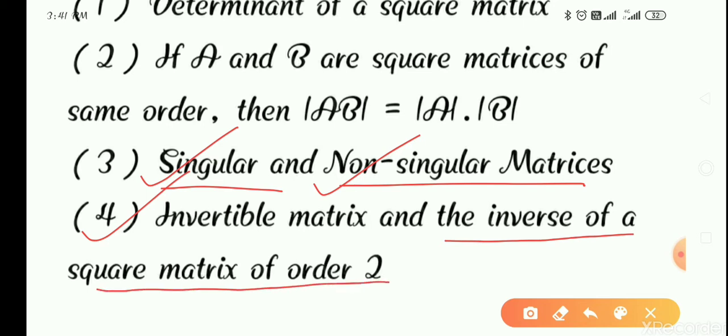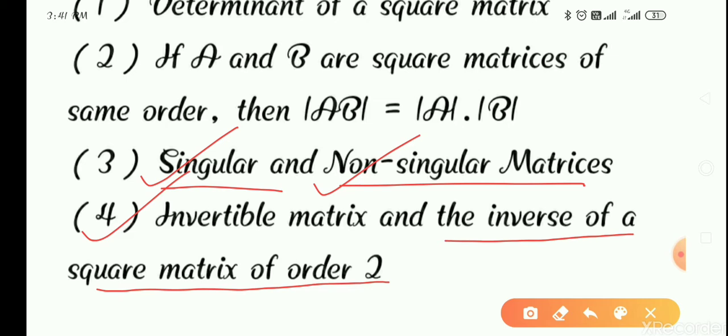In this exercise you are going to study how to find the inverse of a square matrix of order 2 only, not order 3, because that inverse you will find in the next exercise, exercise 6H. In 6H you will find the inverse of a square matrix of order 3. In this exercise, only the inverse of a square matrix of order 2.